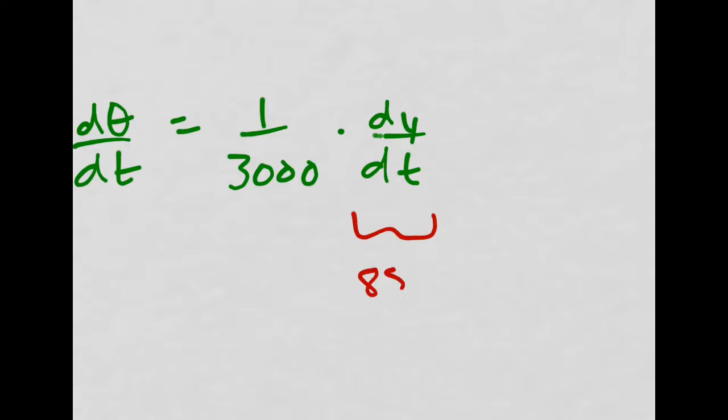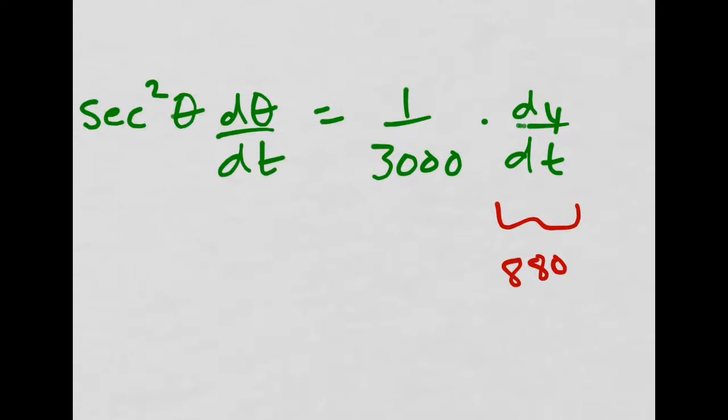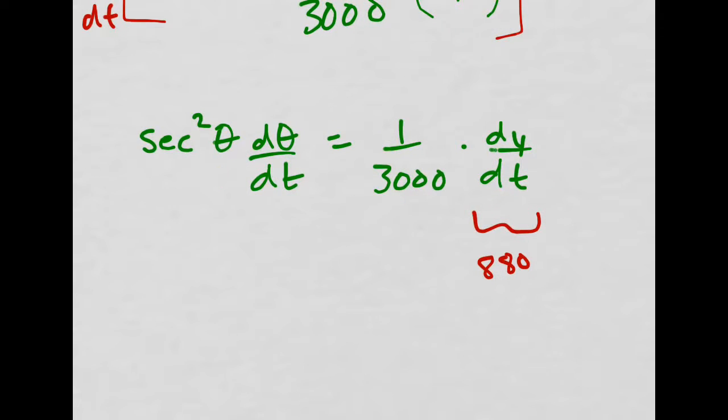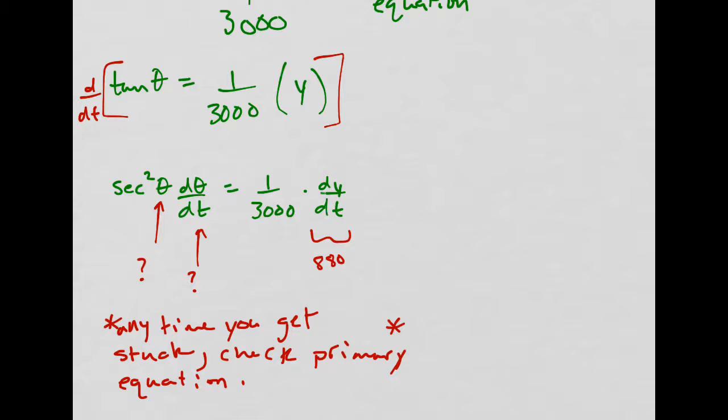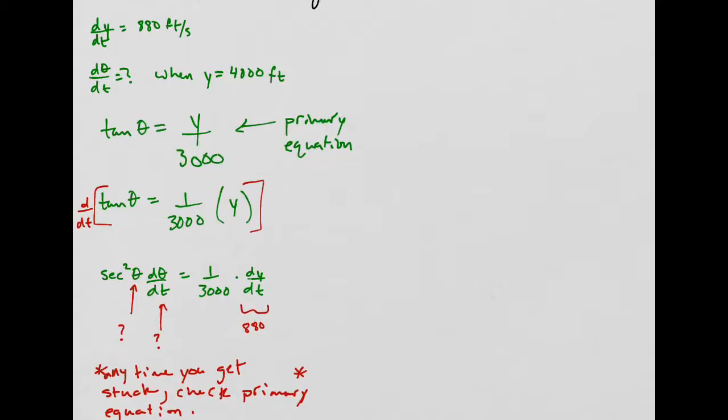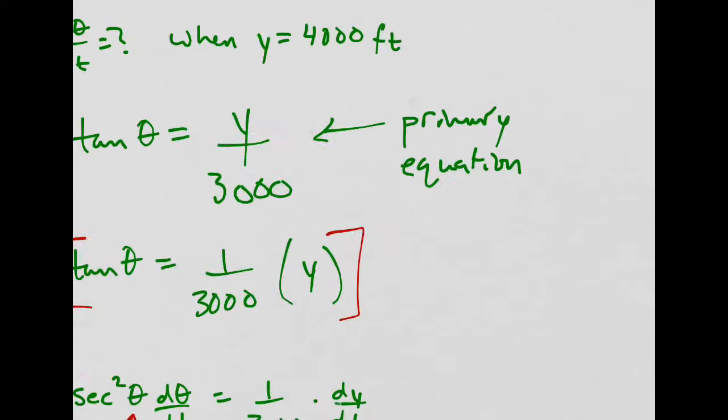So that's 880 feet per second. Theta, I do not know, and I do not know d theta/dt. But anytime you get stuck like this, you go back to your primary equation. That's something worth writing down. So I don't know what theta is, but I need to know what theta is. I don't know what d theta/dt is, but that's the whole point of this problem. So my primary equation. Look at this.